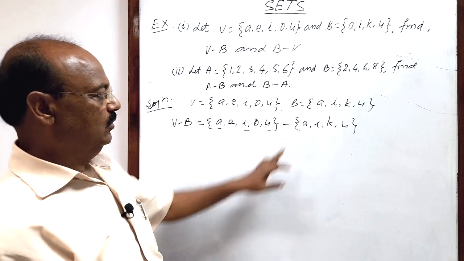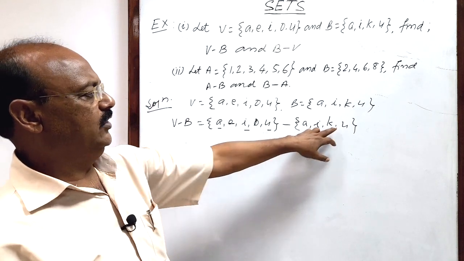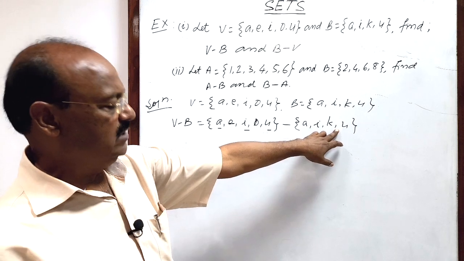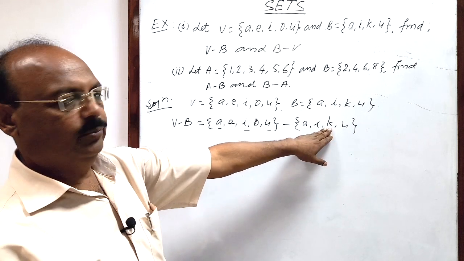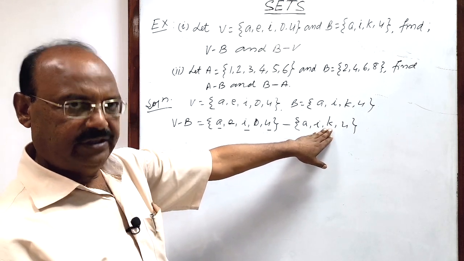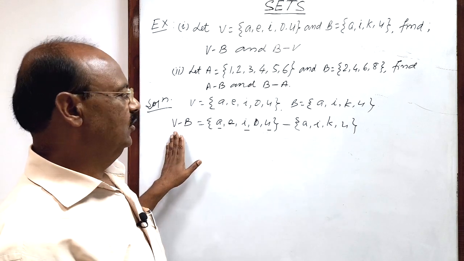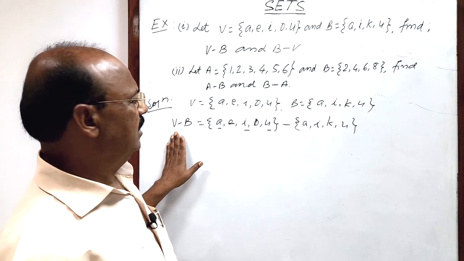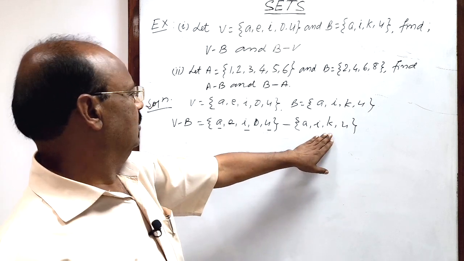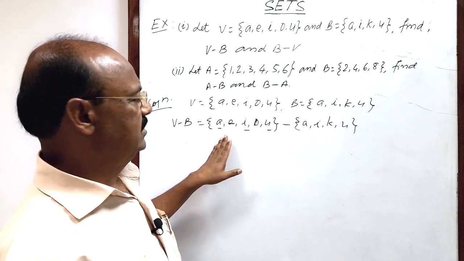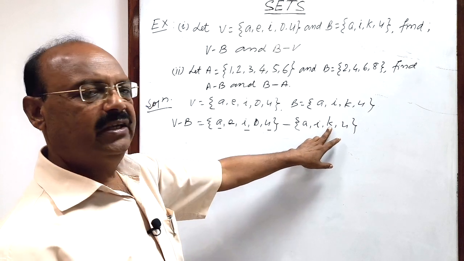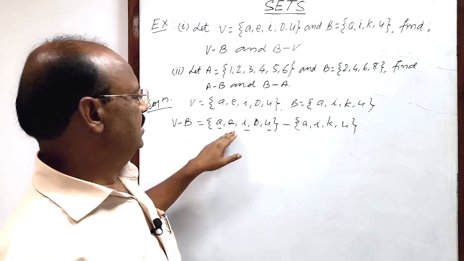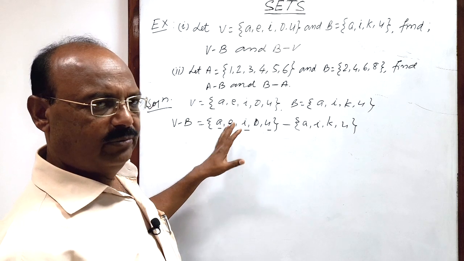Why? Because A, I and U are elements of the set B, which has to be subtracted from given set V. Okay, so it doesn't matter that there are some more elements here which are not available in set V. As for example, K is here, but K is not in set V. So no problem, it doesn't matter.